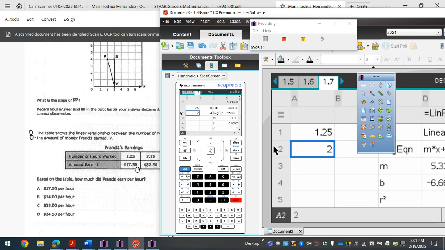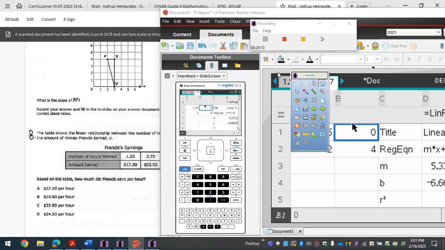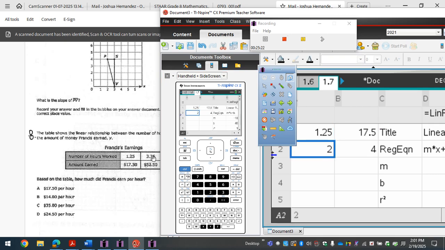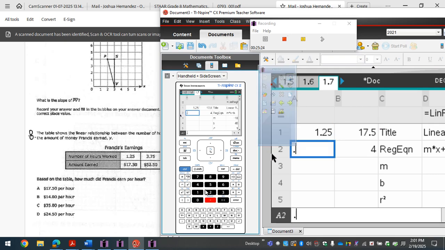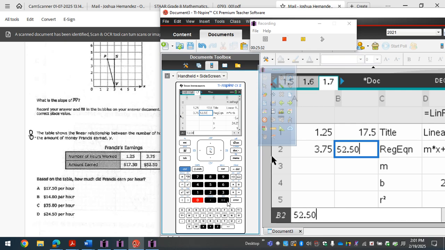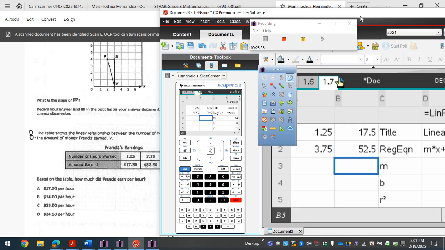That's my X, and that goes with 17.50 over here, guys. X, that's Y. Then we have 3.75 over 52.50. Boom.